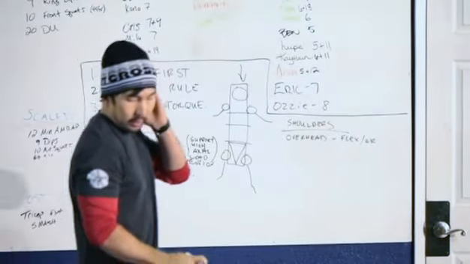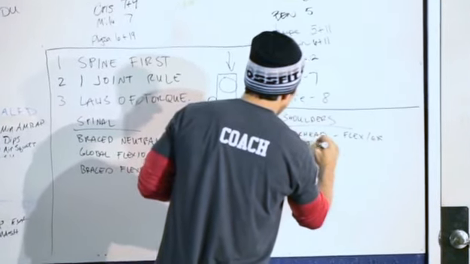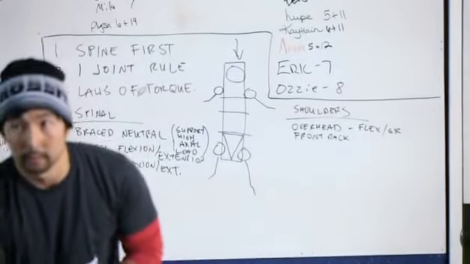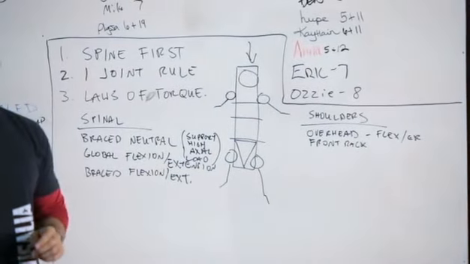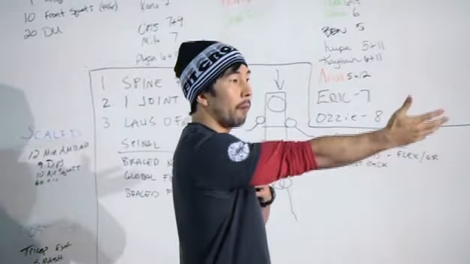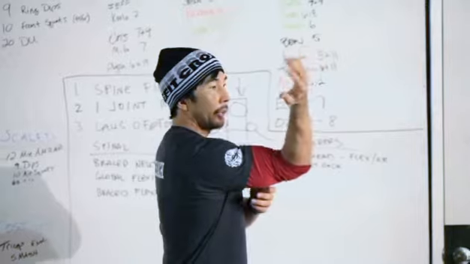Let's see here, the front rack position. Front rack position, what is that? Yeah, elbows up. So a front rack position is mid-range flexion and external rotation.